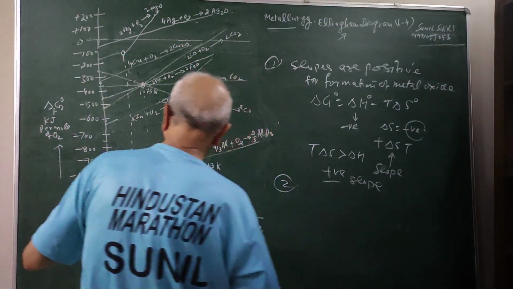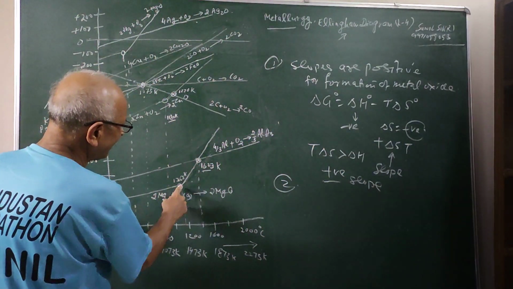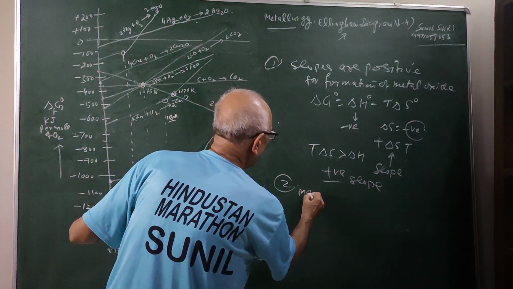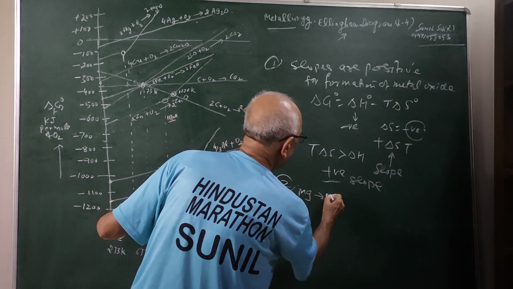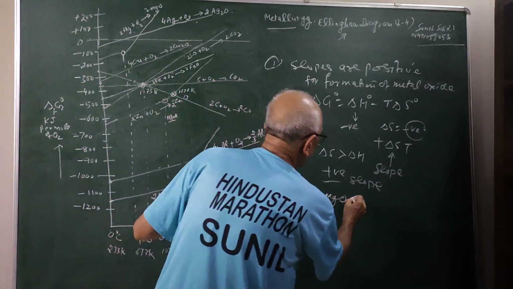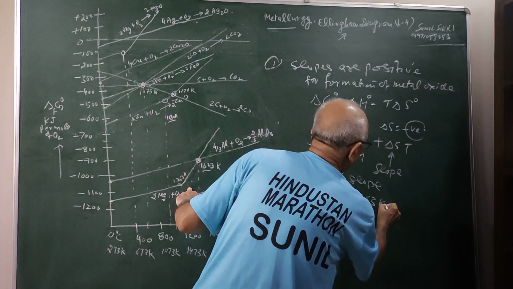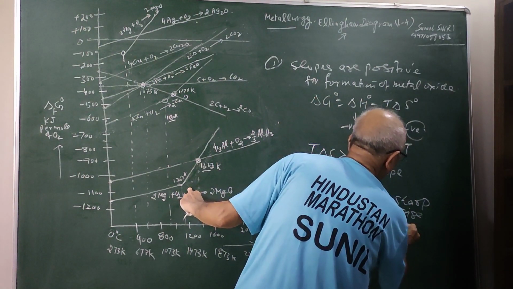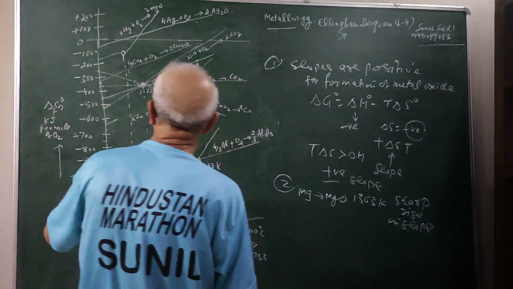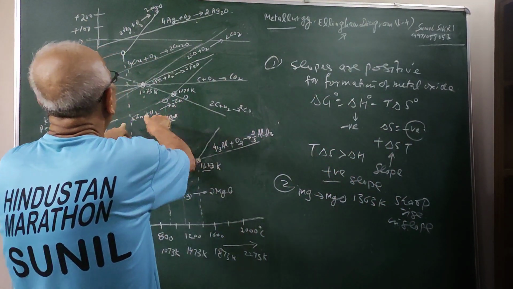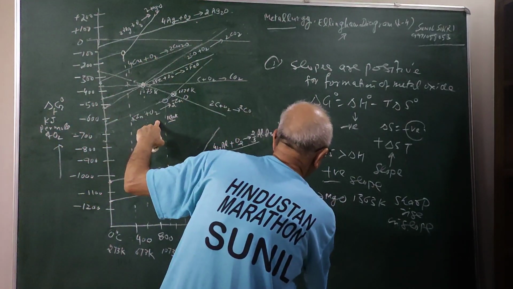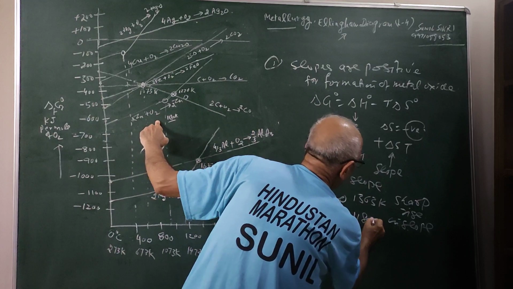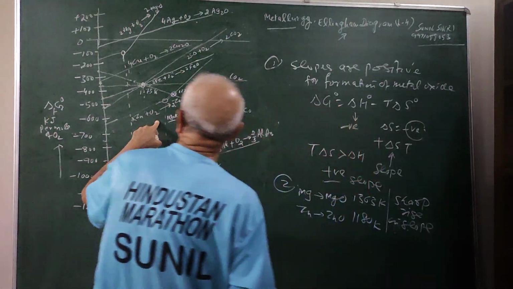The second important point is that I have shown certain circles here. In the case of magnesium to magnesium oxide, you see at 1363 Kelvin a sharp rise in slope. For zinc to zinc oxide, you see 1180 Kelvin, a sharp rise in the slope.